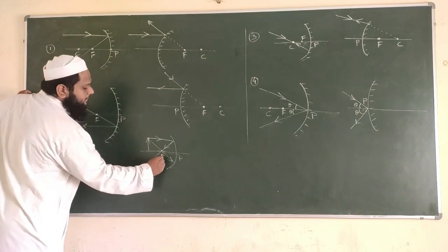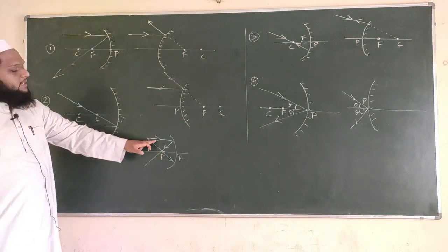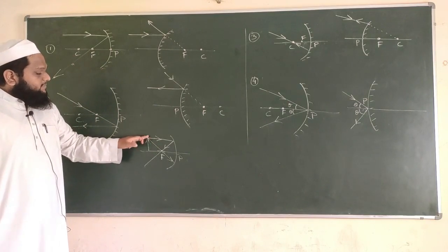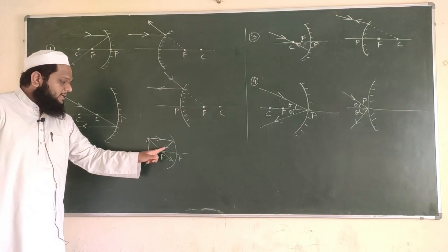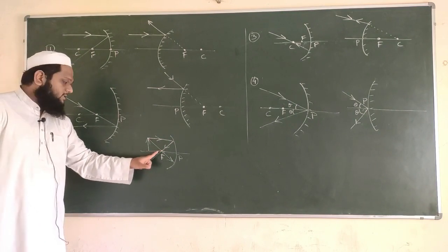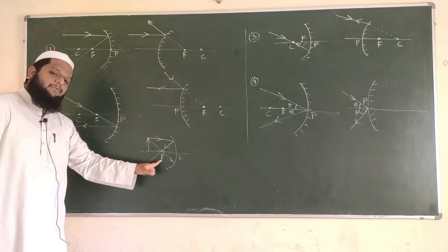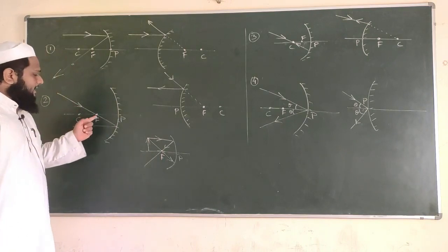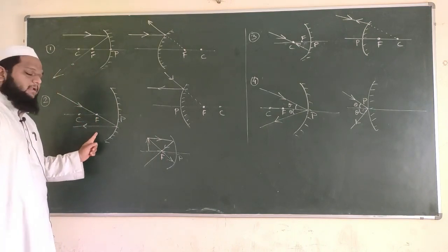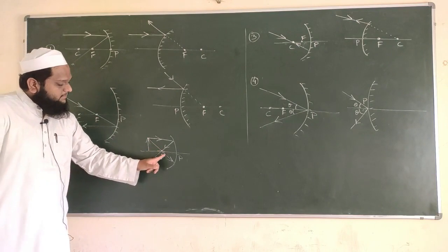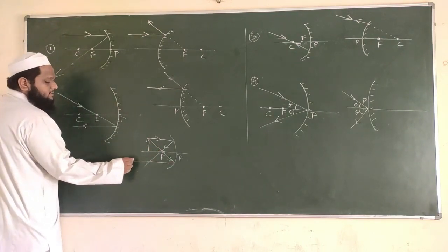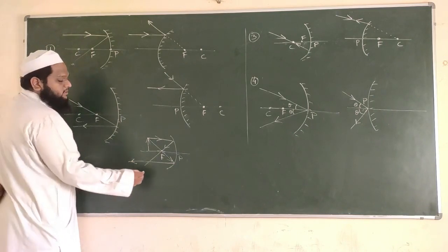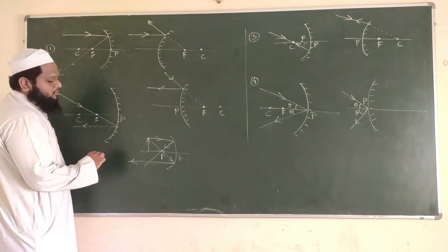So when I put the first ray parallel to the principal axis, it has to pass through the principal focus. So wherever this line touches the principal axis, I put that as the principal focus. The next rule says a ray passing through the principal focus will come out parallel. So I have passed one ray through the principal focus. Now it has to go parallel outwards.